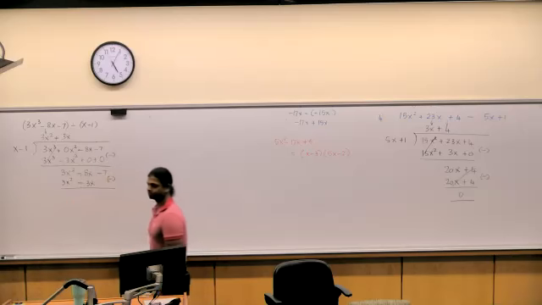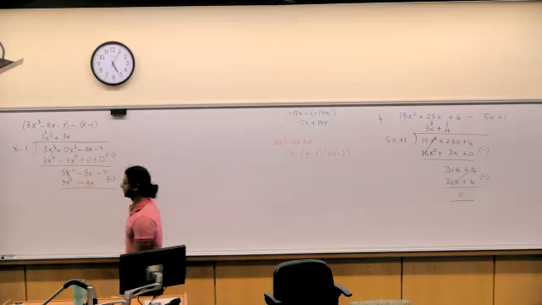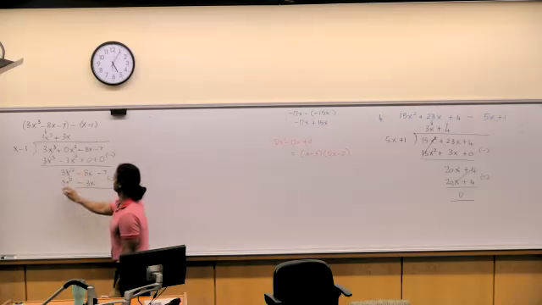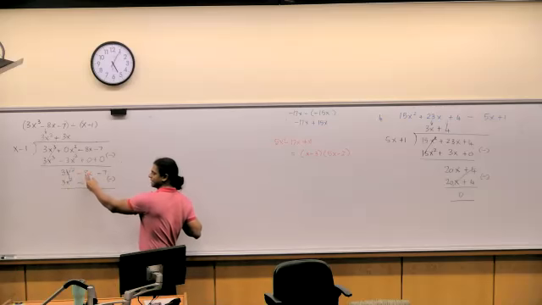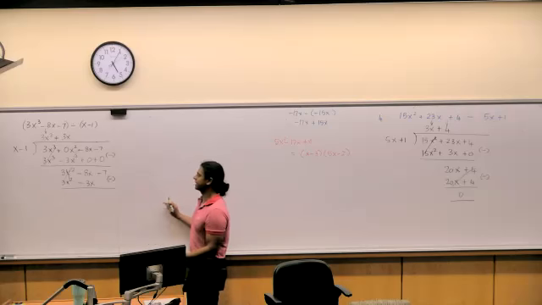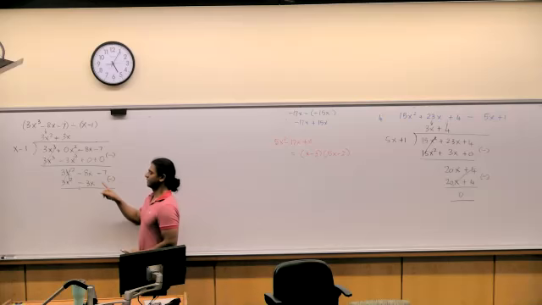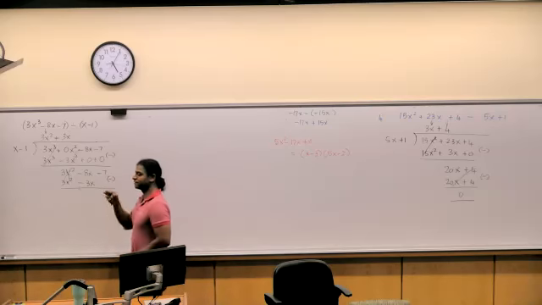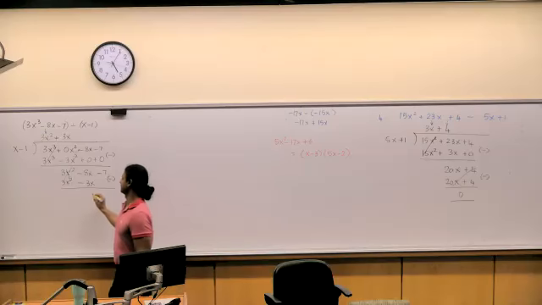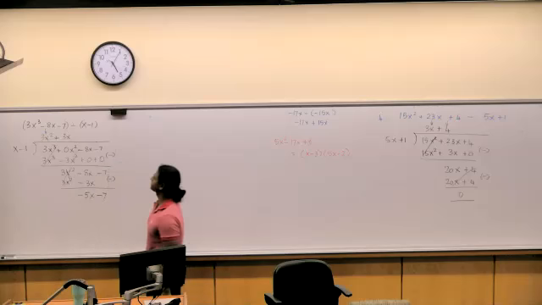Subtract. 3x squared will get cancelled. Negative 8x minus of minus 3x, we will get negative 8x, minus times minus plus 3x. So what is negative 8x plus 3x? Negative 5x minus 7.